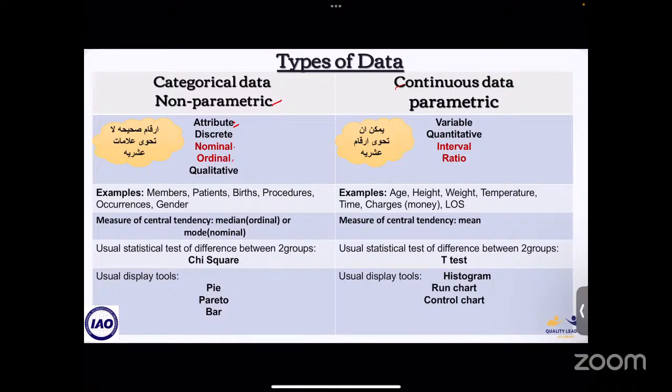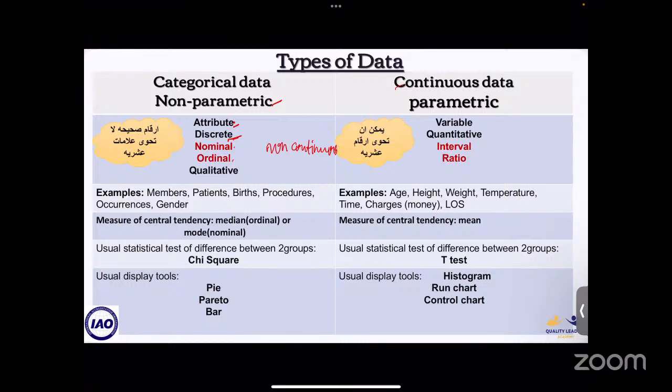Non-parametric data is non-continuous data, because it doesn't allow for fractional or decimal values, since it is classified into categories, groups, or subcategories, like the discrete data. Discrete data consists of numeric values, but these values must be whole numbers. No decimals or fractions are allowed.